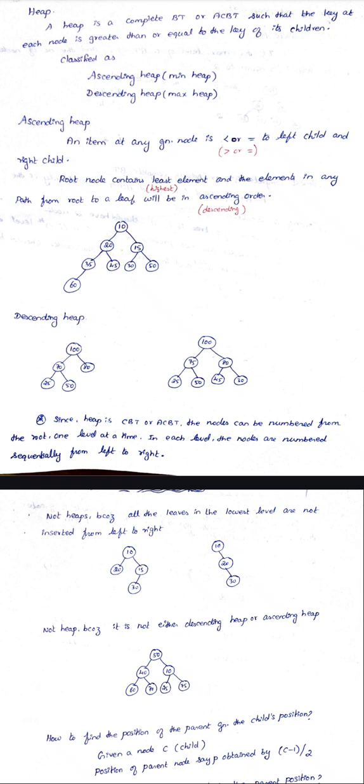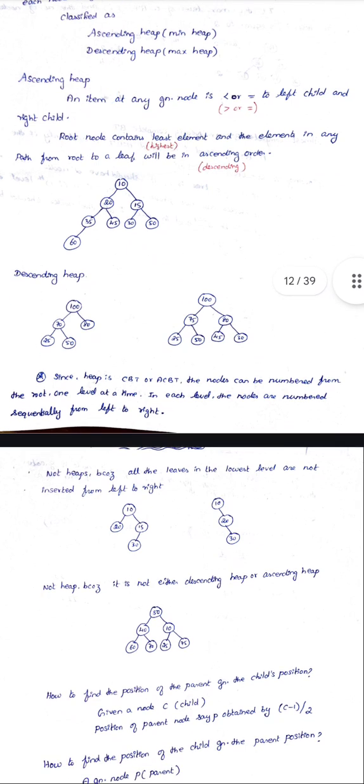The root node contains the least element, and the elements in the path from the root to the leaf will be in ascending order. If you want the descending heap, any item at a given node is greater than or equal to the left and right child. The root node contains the highest element, that is max heap.